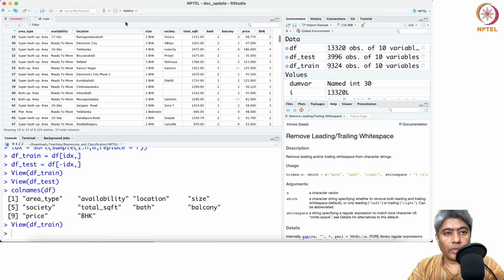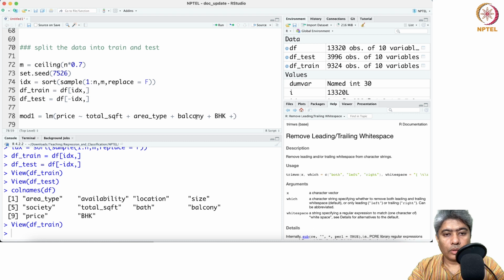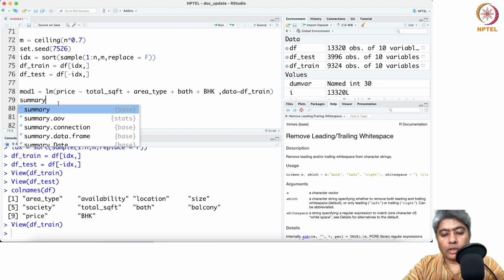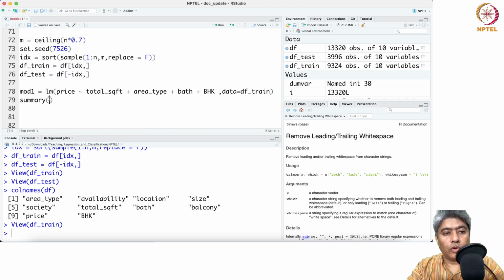I think we have to take bathroom. Sometimes there are bathroom and then BHK, so we can take bathroom instead of BHK, and data equal to df train. And at the end you just say summary of mod1.